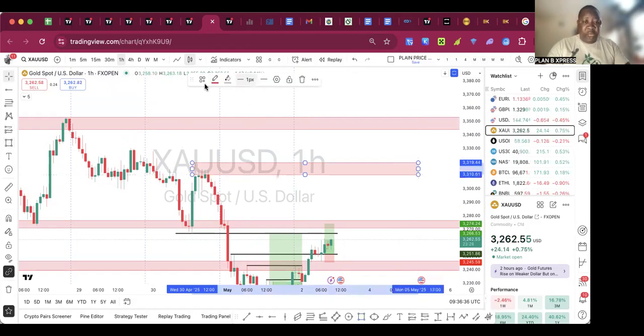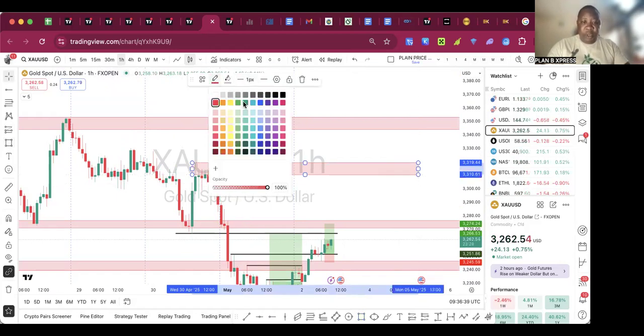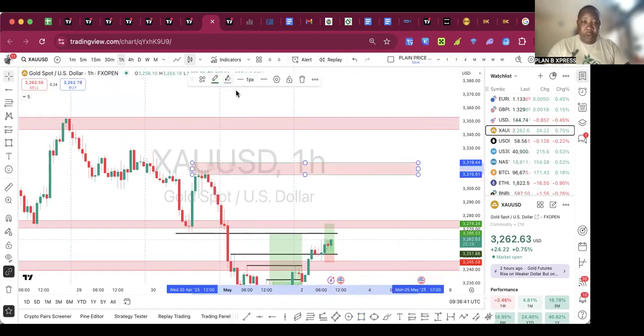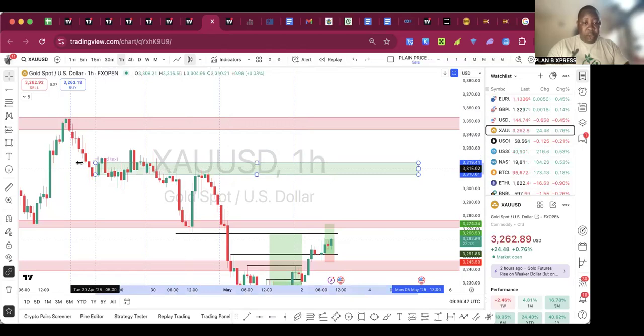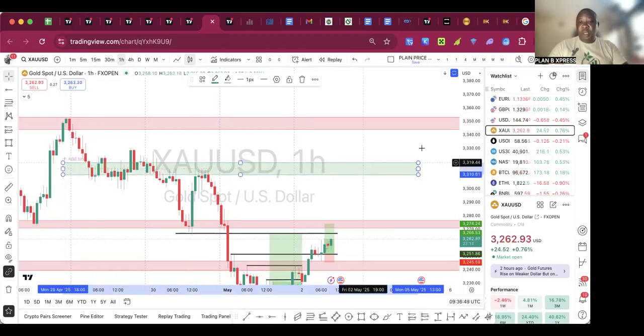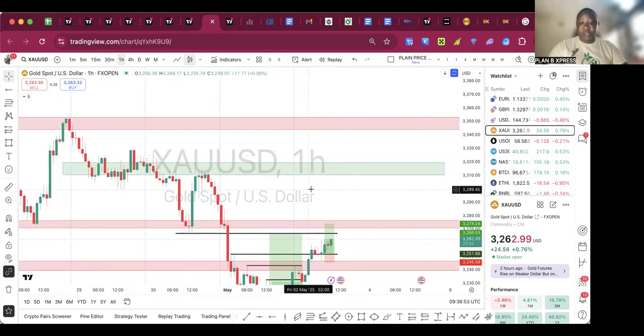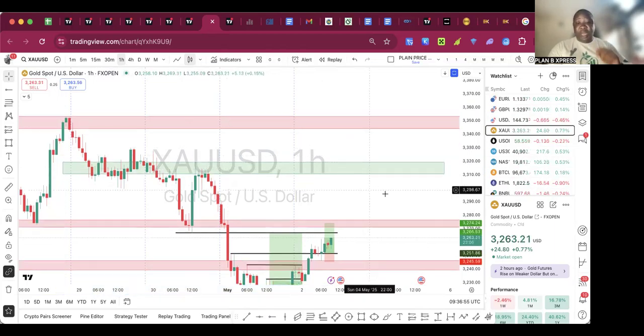So I'm going to change the color to green so that I will be aware that this is a 1 hour zone. Okay, so let's just stretch it further. Right. So all these points are very important so that when you are doing your support and resistance, I will not have just drawn a line that won't capture what I want it to capture.